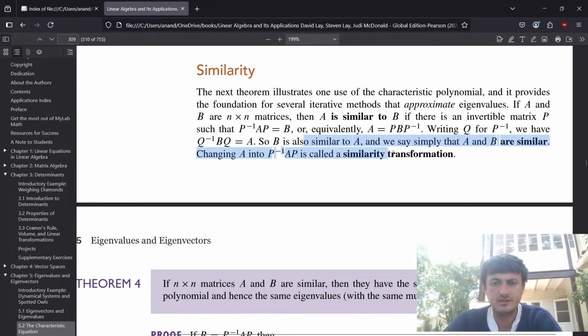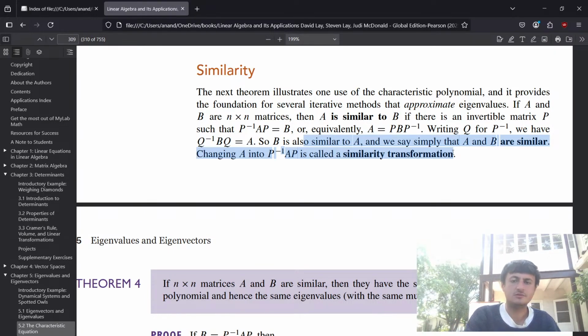Changing A into P inverse AP is called a similarity transformation. I've never heard of that before, actually. I don't even. Okay, so wait, all right.